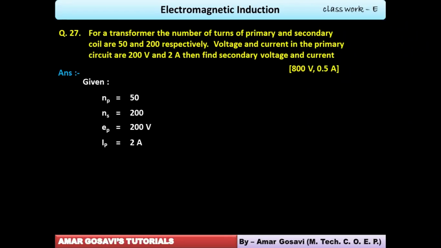Current across primary is 2 ampere. So correspondingly, what you are supposed to find is the EMF across secondary and the current across secondary. Please make a note of it before we discuss the solution to this question. Okay, hopefully you have noted this down.